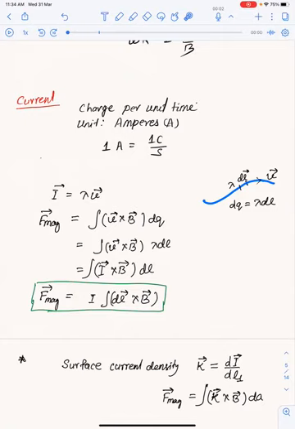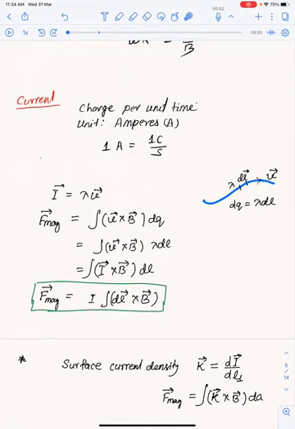Now we can calculate the magnetic force. Since this is a segment dl, if you want to calculate the magnetic force for the whole wire, you have to do the integration, which comprises the cross product v cross B, and dq.